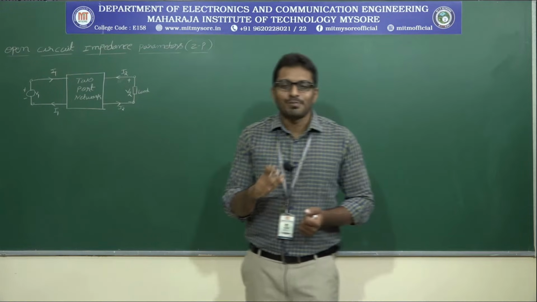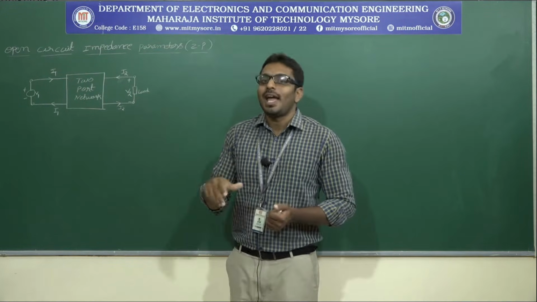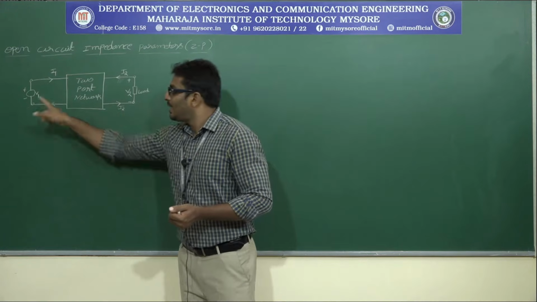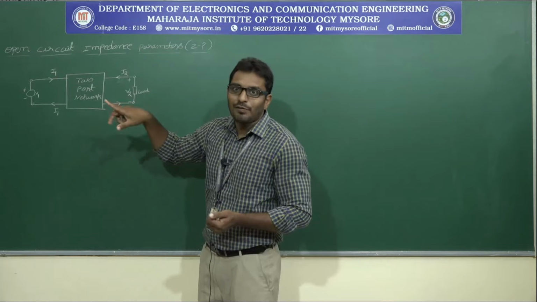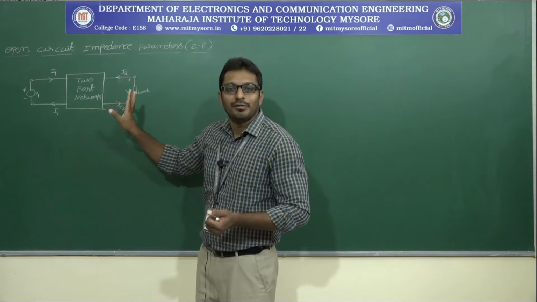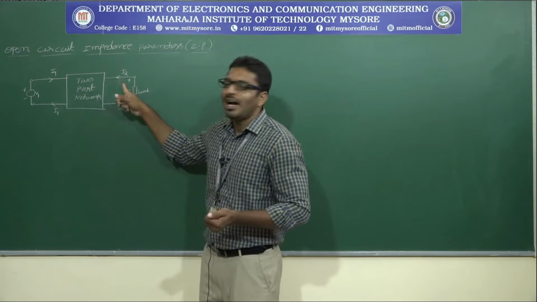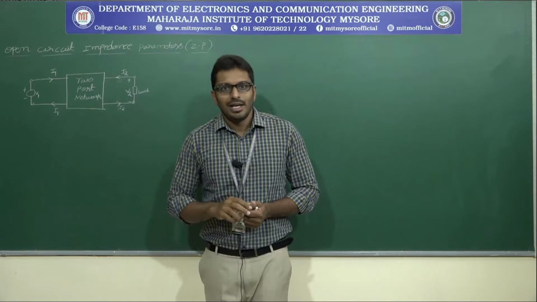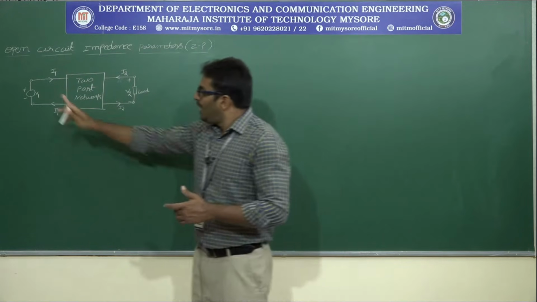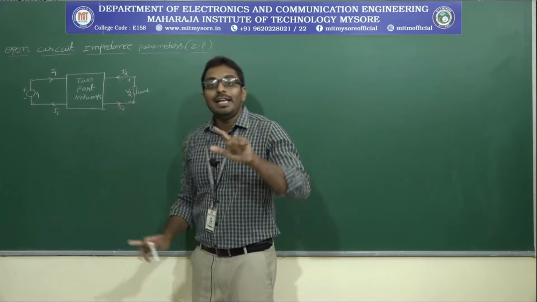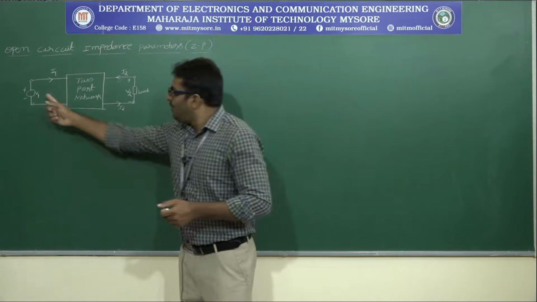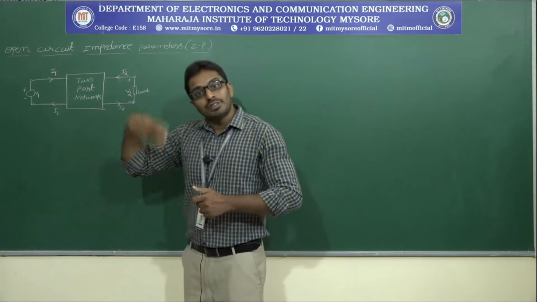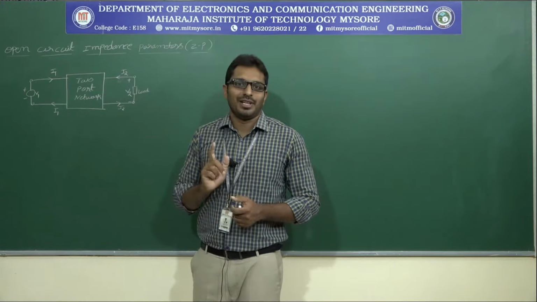What are the two different currents? Input current and output current. Here V1 and V2 are dependent variables because we are expressing V1 and V2 in terms of I1 and I2.